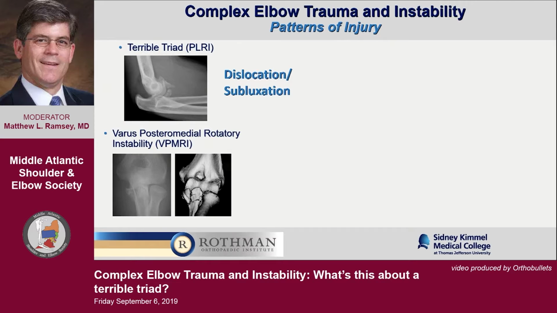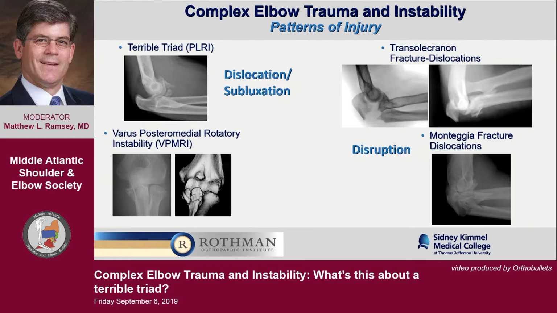So really what we're talking about here are patterns of injury in the elbow. When we talk about complex instability, the classic ones are the terrible triad, and in the last decade or so, we've recognized the varus posterior medial rotatory pattern. This is somewhere we can improve in terms of nomenclature.